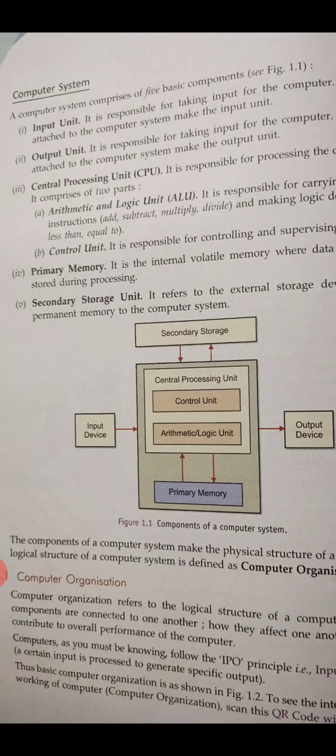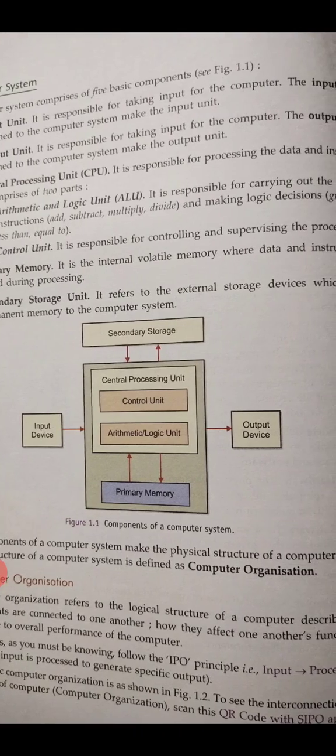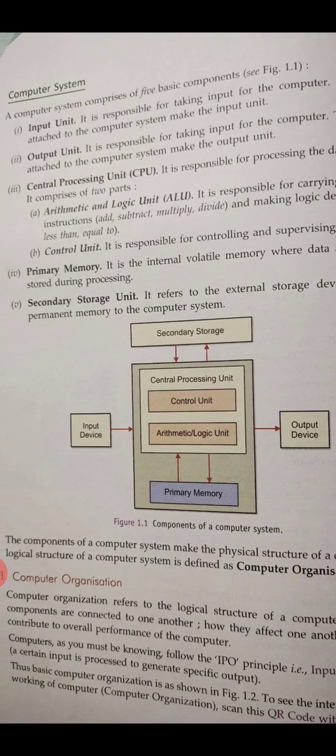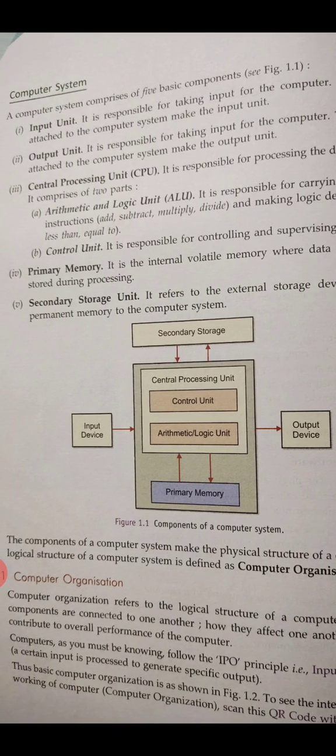Output devices are attached to the computer system and produce the output, like you can say monitor, then speaker. These are the output devices by which we get outputs. Now CPU is known as the brain of the computer.